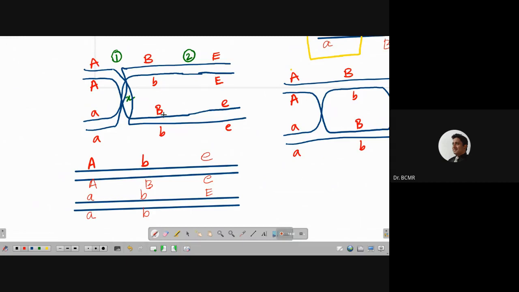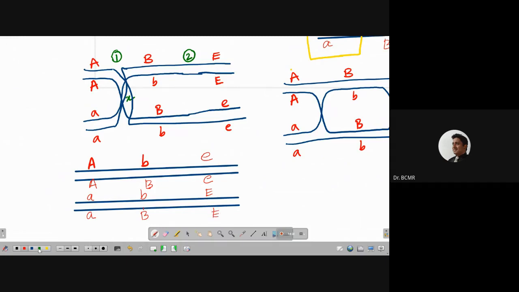And wait a second, we have mixed up, I think we have a little bit of a mixture here. This is wrong. So, sorry. Small a is with capital B, and capital B is continuous with capital E.